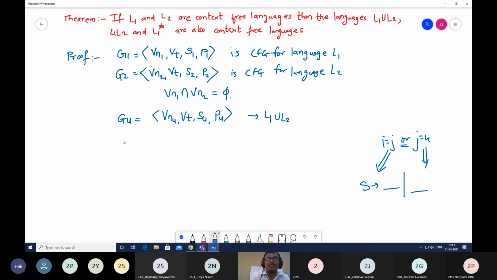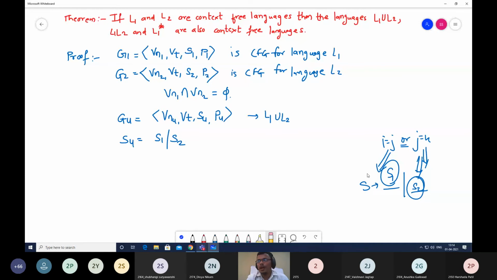So when I am constructing my union grammar, for the or, either it will go to the G1 grammar from S1, or it will go to the G2 grammar from S2. If I follow G1 grammar from S1, I can generate a string, and if I follow G2 grammar from S2, I can generate that part of the string. You can imagine that i equal to j was something S1 for us, and j equal to k was something S2 for us. Then how did we write that first? S gives S1 or S2.